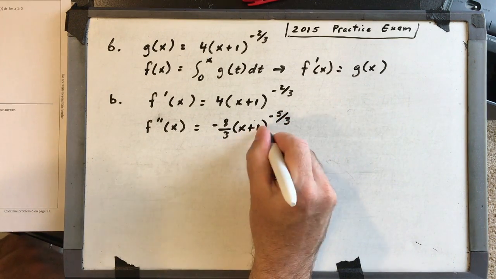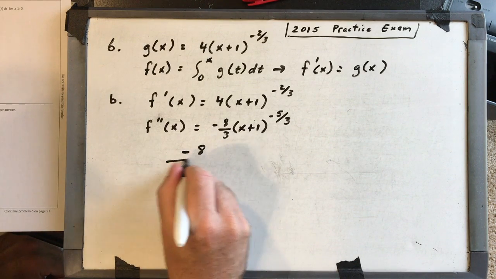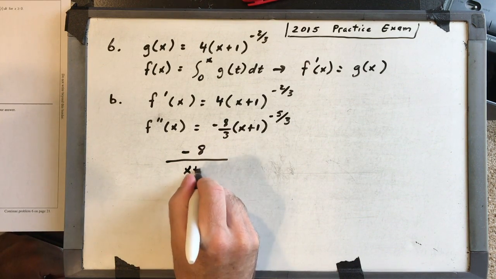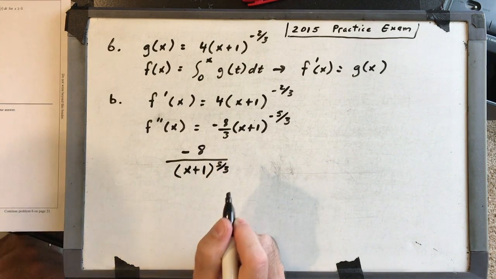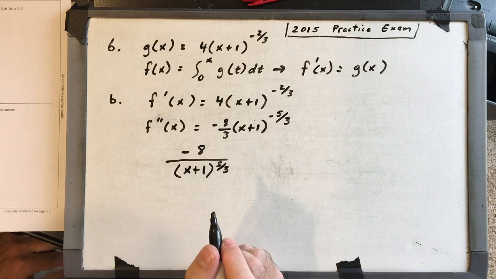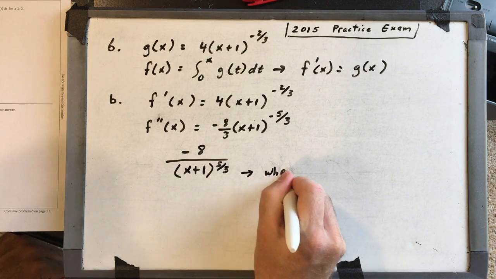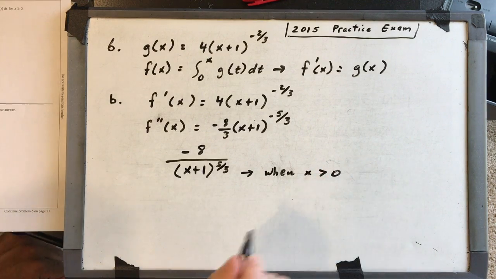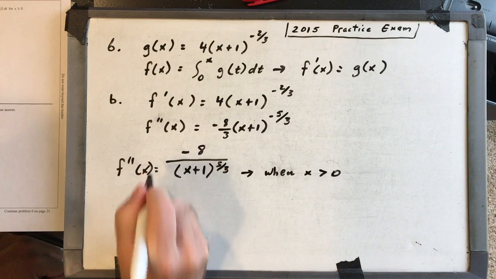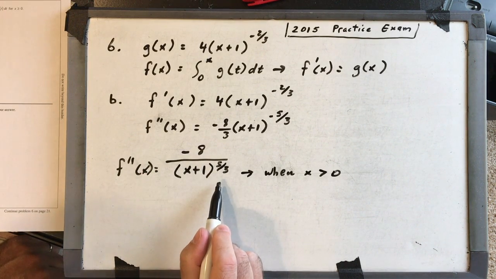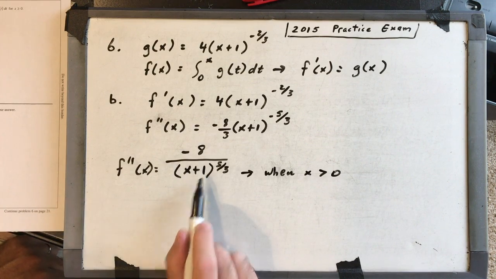Then times the derivative of the blob, which is just 1. So that's going to be negative 8 over x plus 1 to the positive 5/3. Now it says for x greater than 0. So when x is greater than 0, that's the second derivative, you know that the bottom is going to be positive.